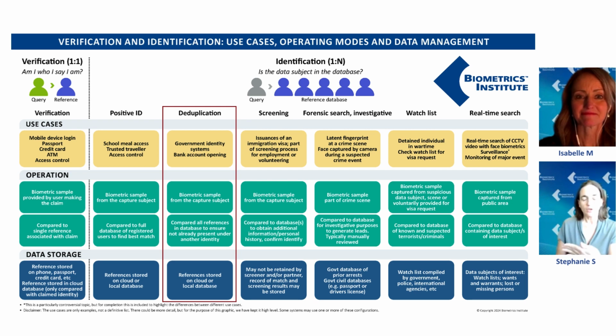And so what you may want to do is to search the database, number one, to see whether that person's already in it, so they're not re-enrolled as the same person twice, but also to double check that they aren't committing fraud, aren't trying to come in under a new identity. And so deduplication is typically done at the beginning as people enroll. Very interesting. So a really great tool, obviously, but it is a form of one-to-many as well. Yes.